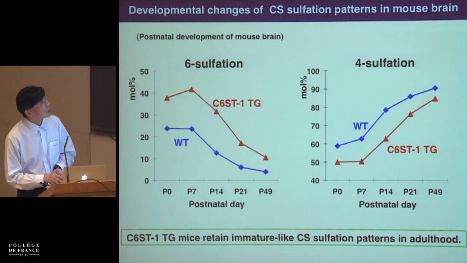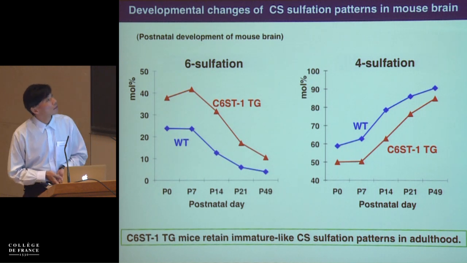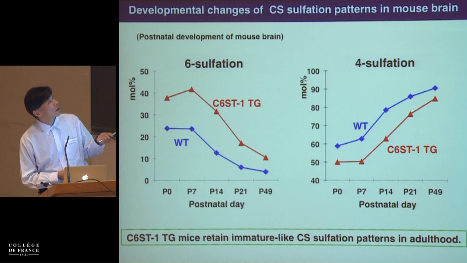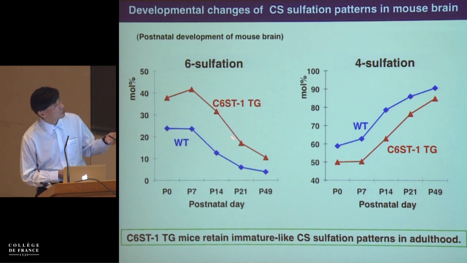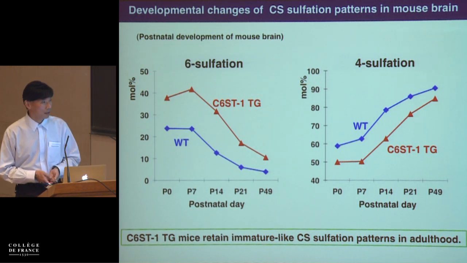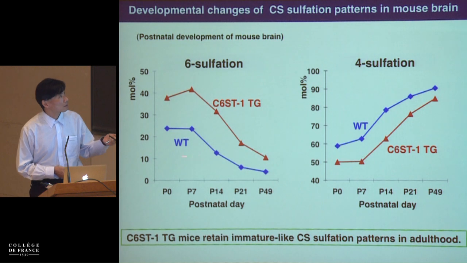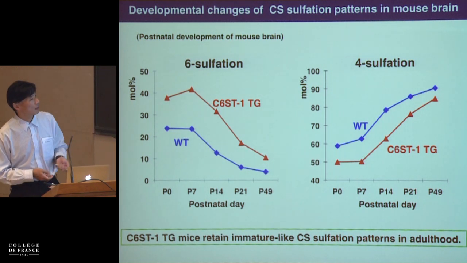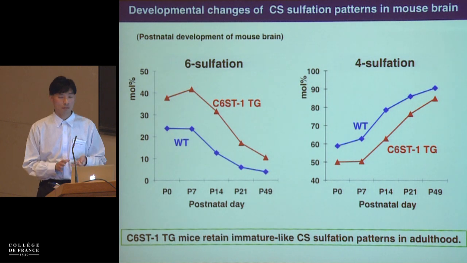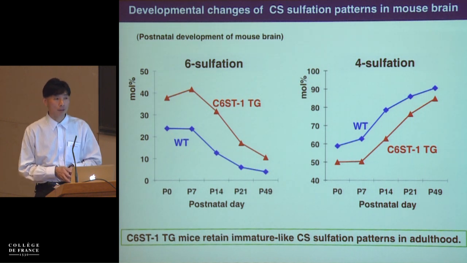As expected, transgenic mice overexpressing C6ST1 showed an increased proportion of 6-sulfation and a decreased proportion of 4-sulfation, indicating that C6ST1 transgenic mice retained immature-like chondroitin sulfate sulfation patterns in adulthood.